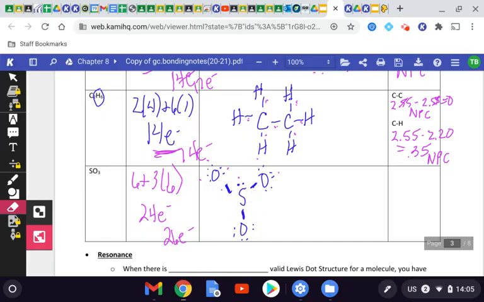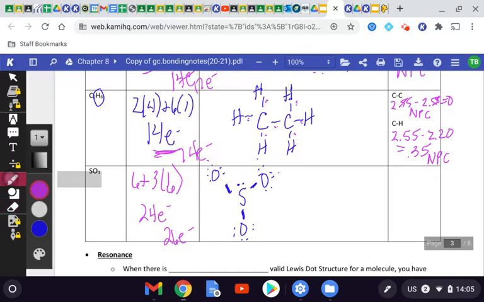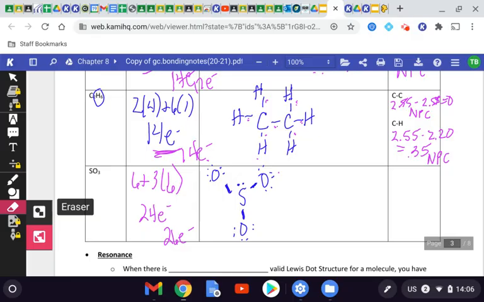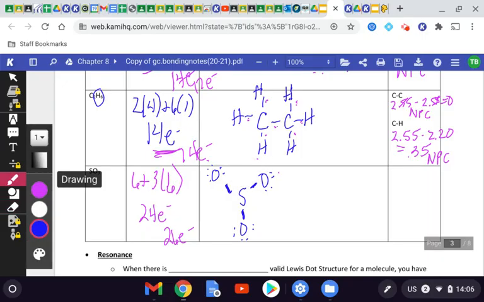I could erase the lone pair on sulfur, and then technically I could single bond that to any of those oxygens, the one on the left, the one on the right, or the one on the bottom. So I'm going to erase the lone pair here, and I'm going to erase it to the oxygen on the right, and I'm going to put in a double bond.